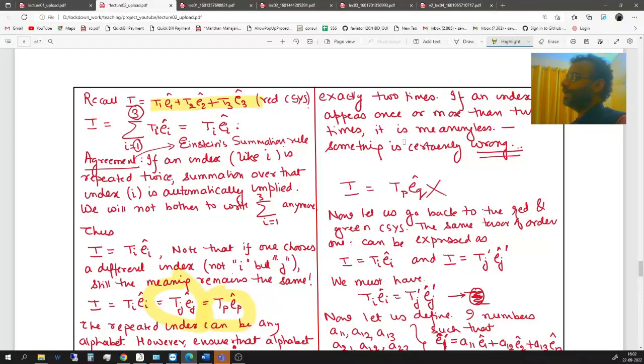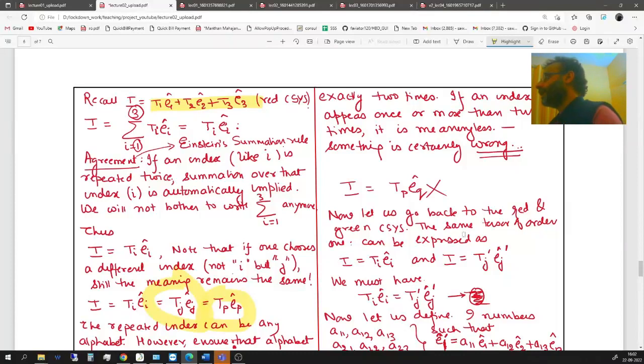But if you are writing an expression for a tensor, in that expression on the right hand side, if any index is appearing once, then there is certainly something wrong. If any index is appearing 3 times, there is certainly something wrong. Every index should appear exactly 2 times in an expression for a tensor. So for example, T equals T_p E_q is meaningless. It doesn't carry any meaning. p and q are appearing just once and we don't know what it means actually.